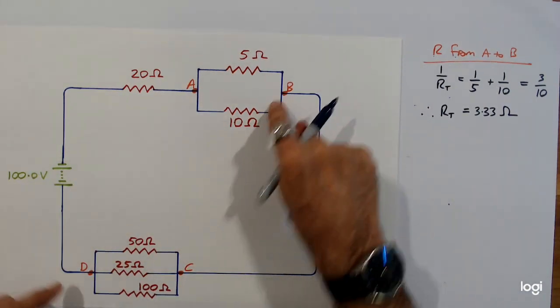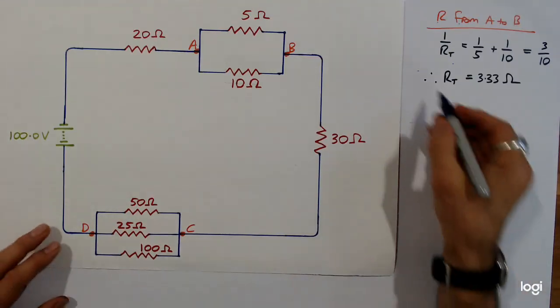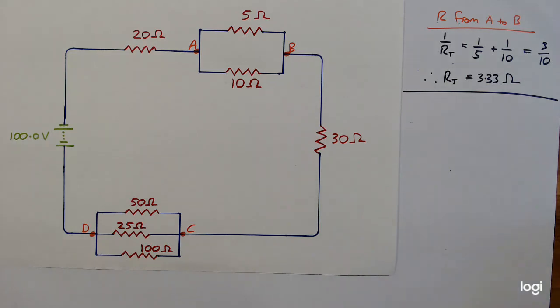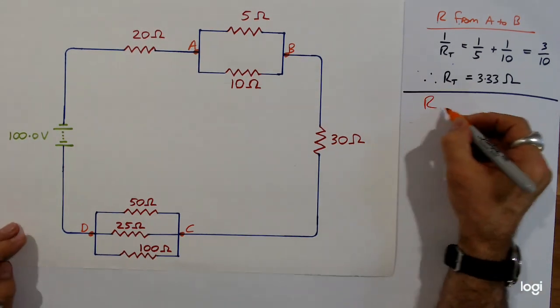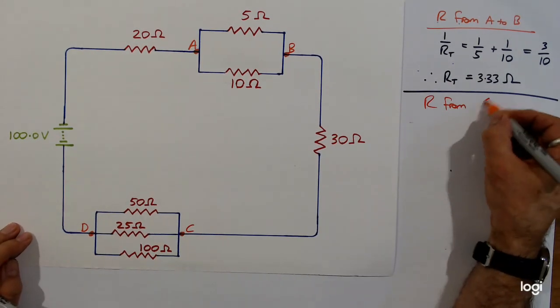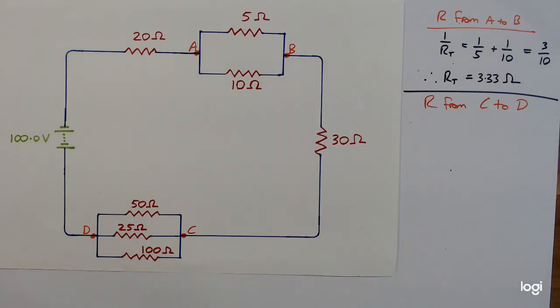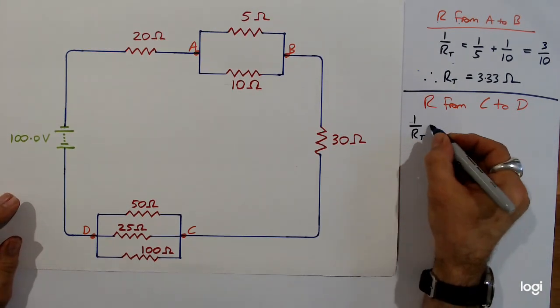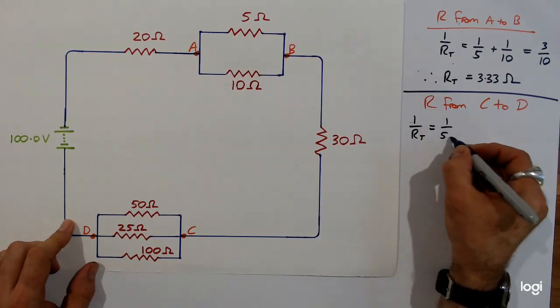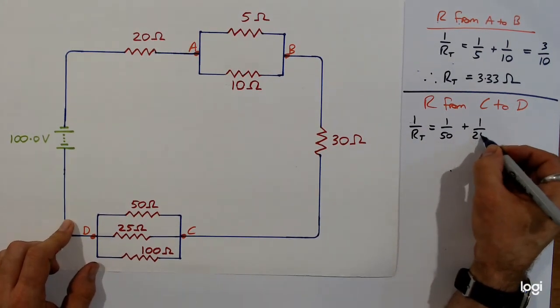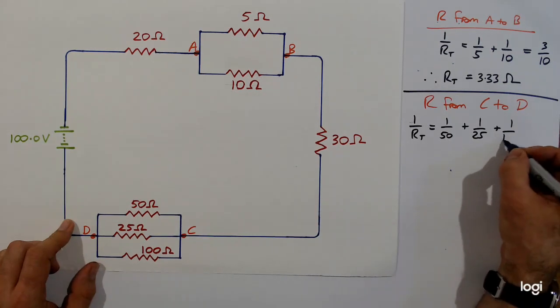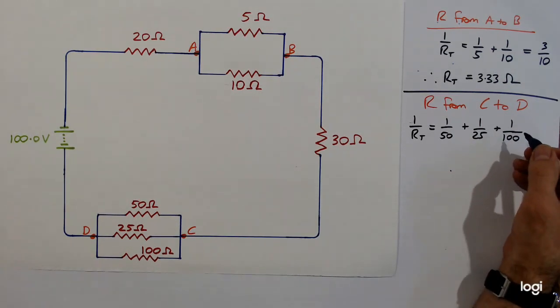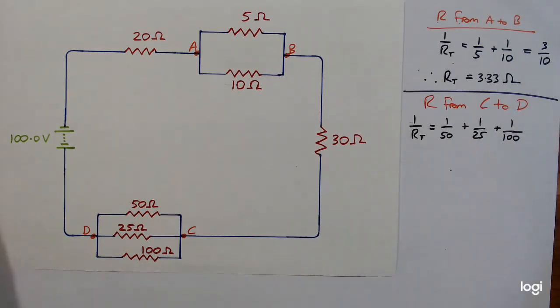We have to do this as well for this one. So this is what's next. Okay, bear with me. Resistance from C to D. Same formula. Spell it out. 1 on R total equals 1 on 50 plus 1 on 25 plus 1 on 100. And I forgive you if you haven't done this in your head. I'm not going to either.